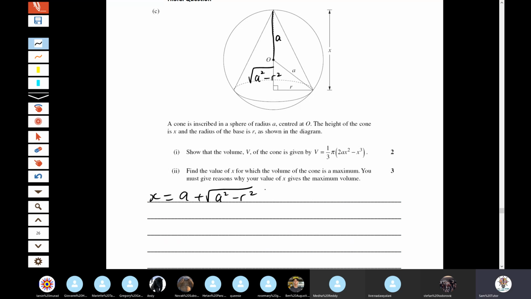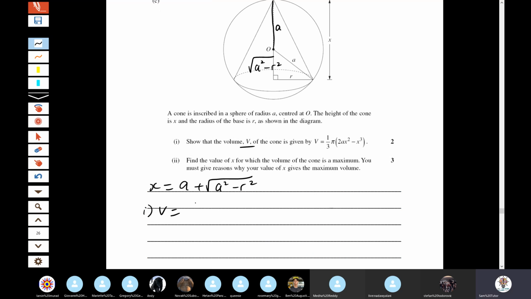All right, I think it's time for us to read part i now. I just think you guys should know that before you do anything. If you see spheres, usually look for another side somewhere. Show the volume of a cone. Okay, what's the volume of a cone formula? 1/3 pi r squared h. Well, we can see it's all in terms of x.